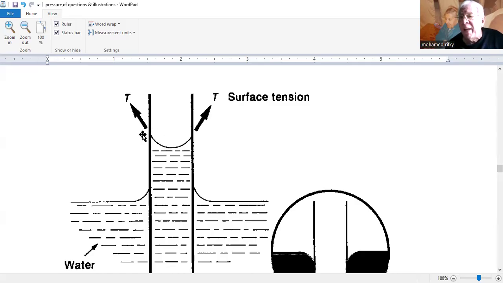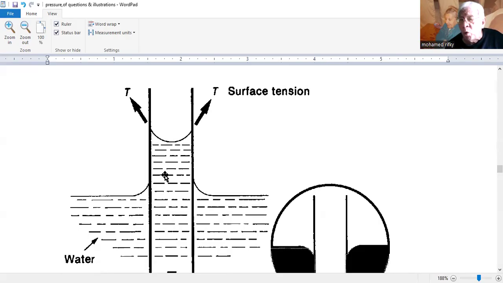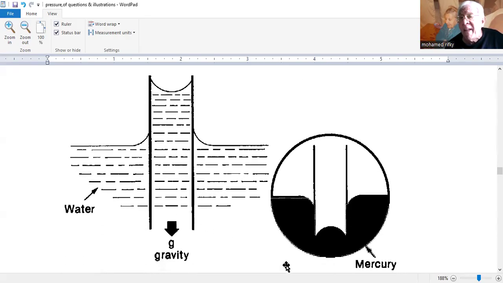This creates a concave meniscus in water. On the other hand, mercury creates a convex one because it does not wet the glass: the surface tension between the molecules works well, but between the molecules and the glass cylinder it does not work.